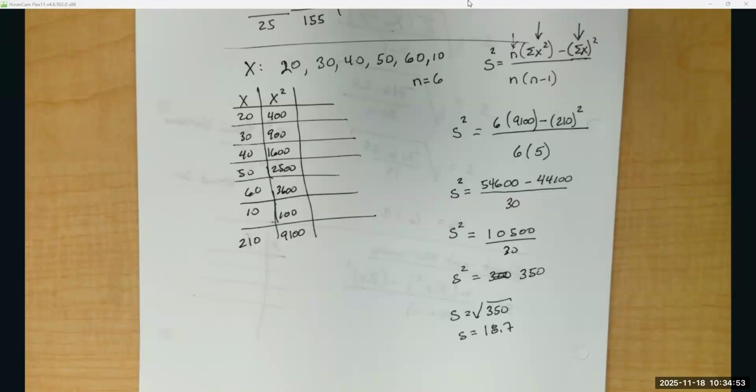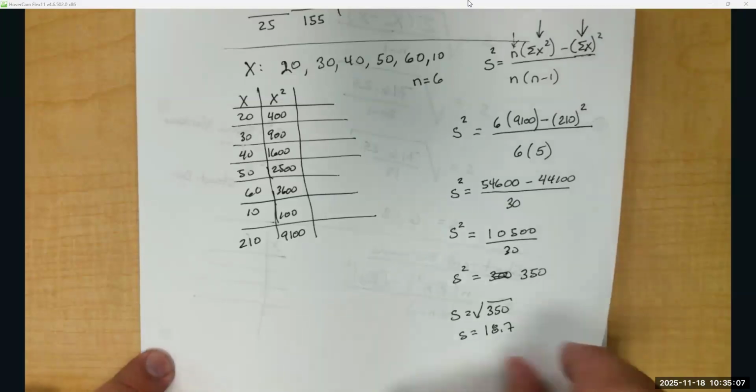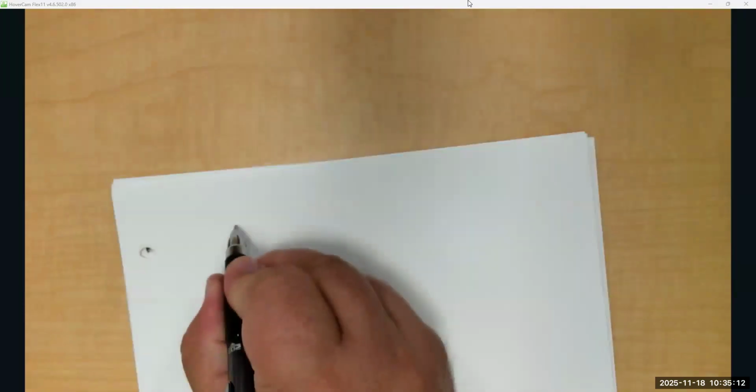We're using one decimal. Okay, if you want to put 18.7, you can. All right, so this is with ungrouped data. How do we change it using the shortcut method?